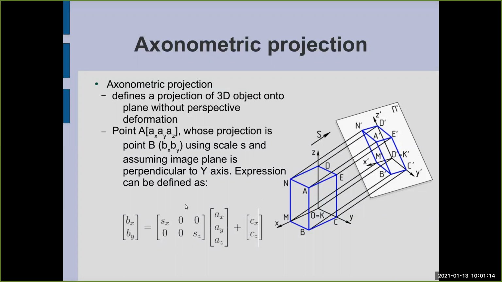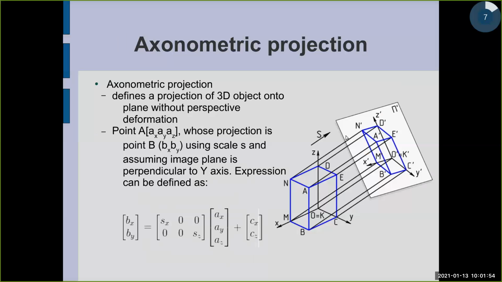The projection matrix represents the orientation of the plane with respect to the 3D coordinate system, while the offset represents the shift of this plane with respect to the origin of the coordinate system. So using this multiplication, we can squeeze our 3D scene into the two-dimensional case.